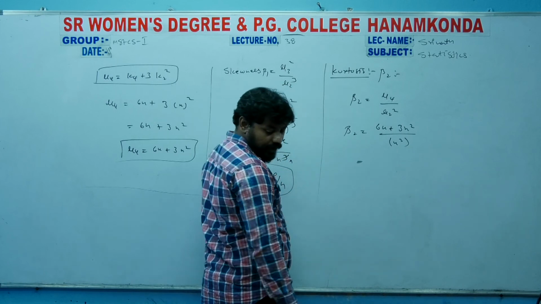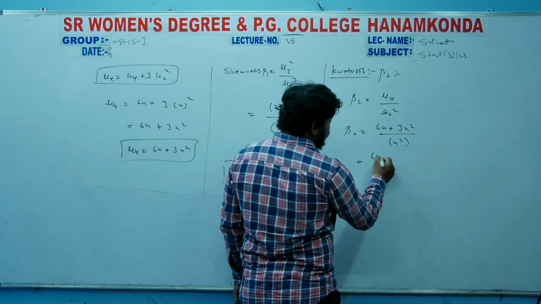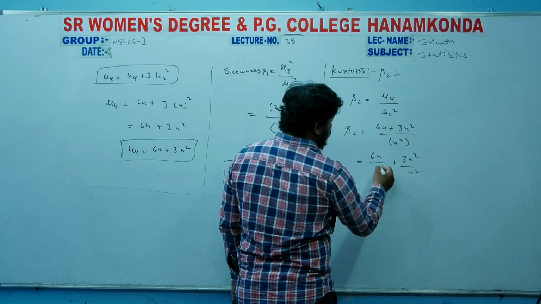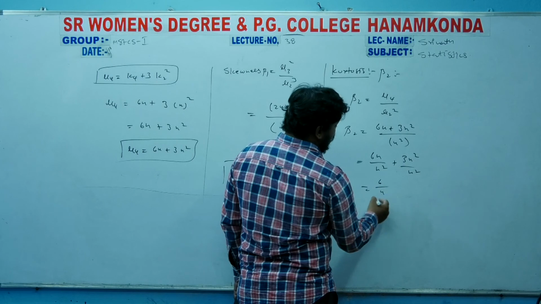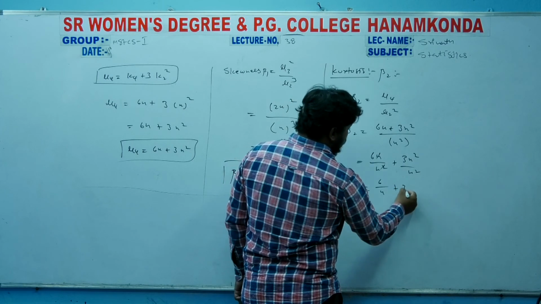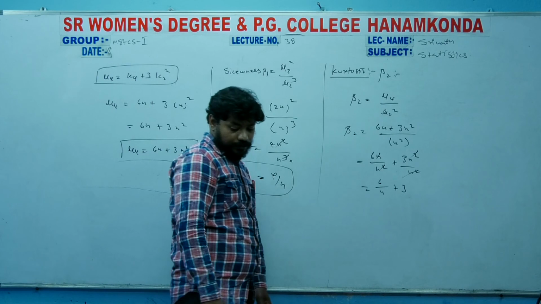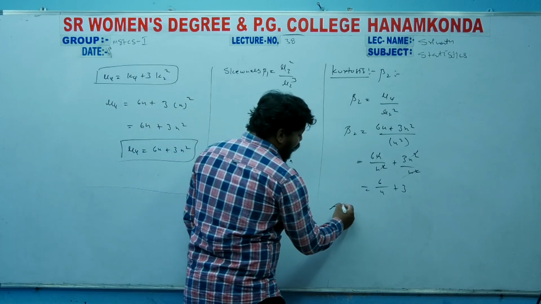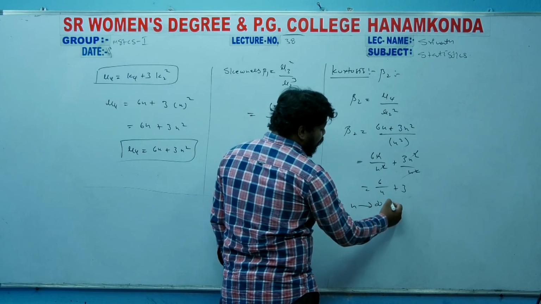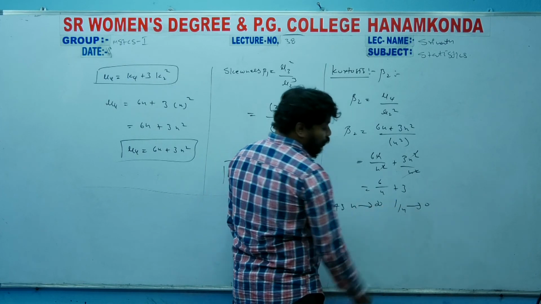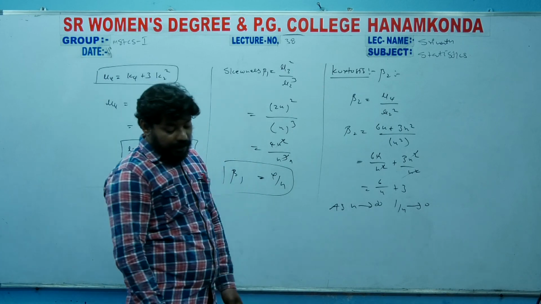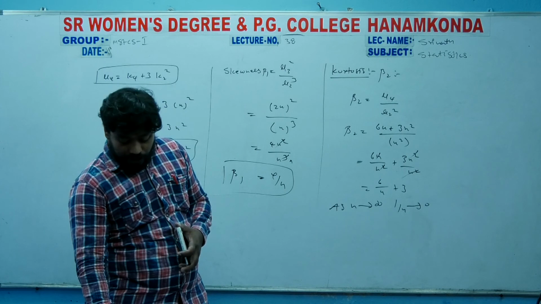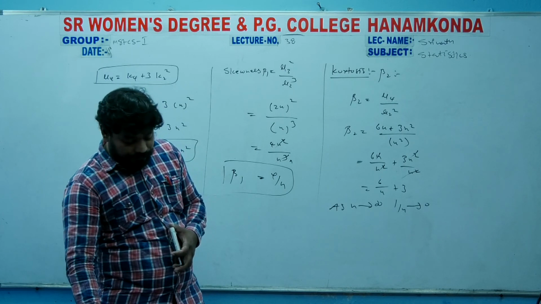We can write 6n by n square plus 3 into n square by n square, which is 6 by n plus 3. As n tends to infinity, 1 by n tends to 0. Then the PDF curve of the gamma distribution is symmetric and mesokurtic.